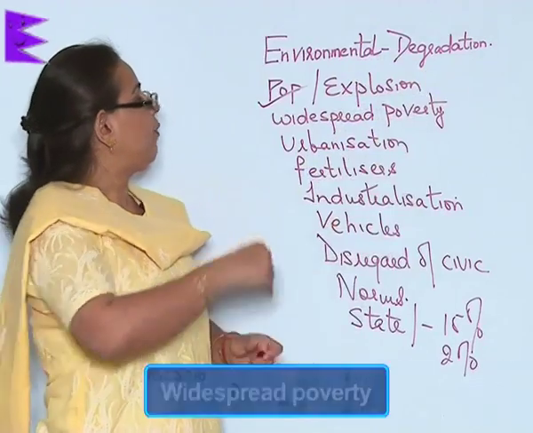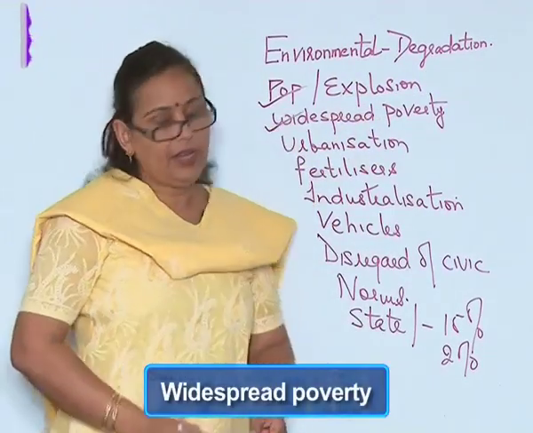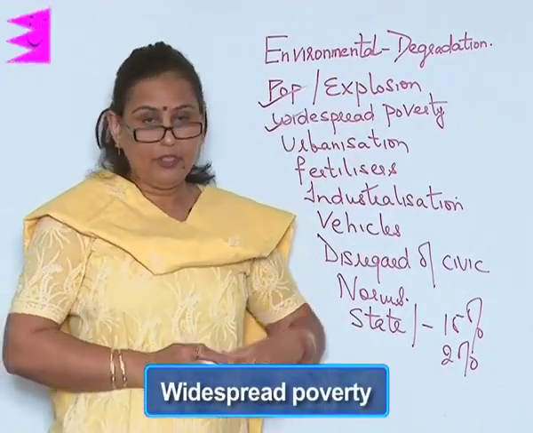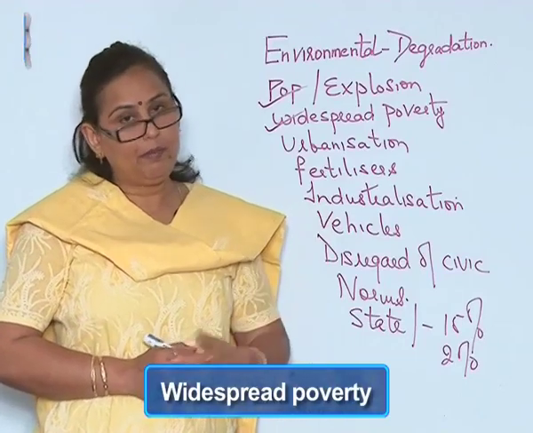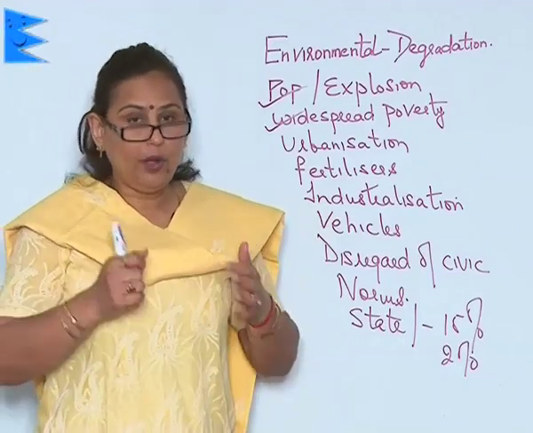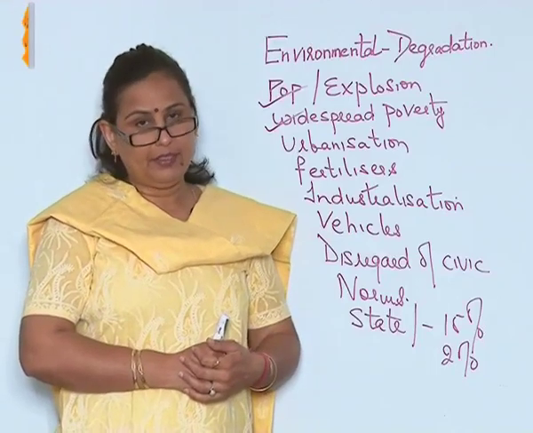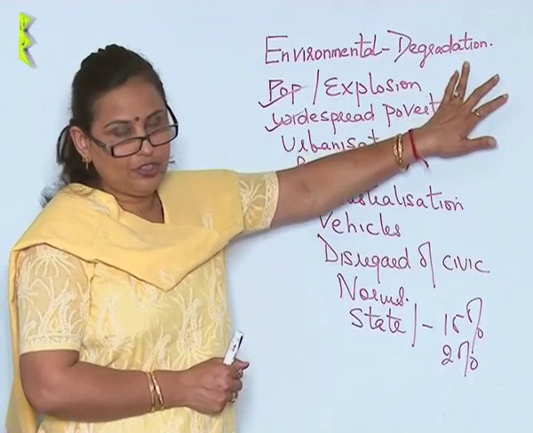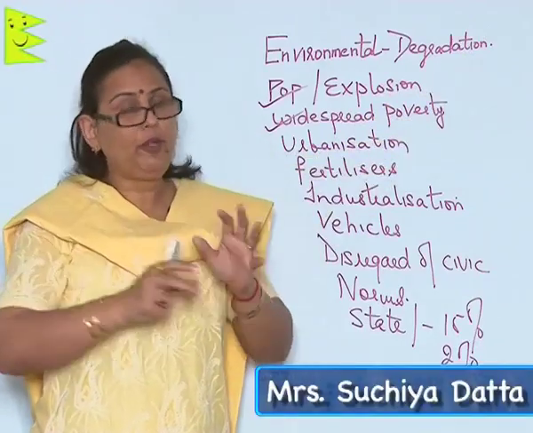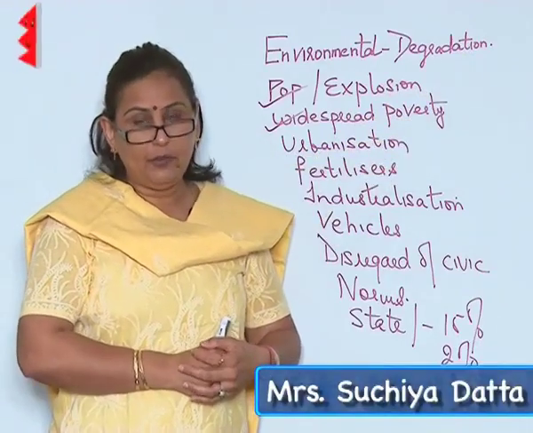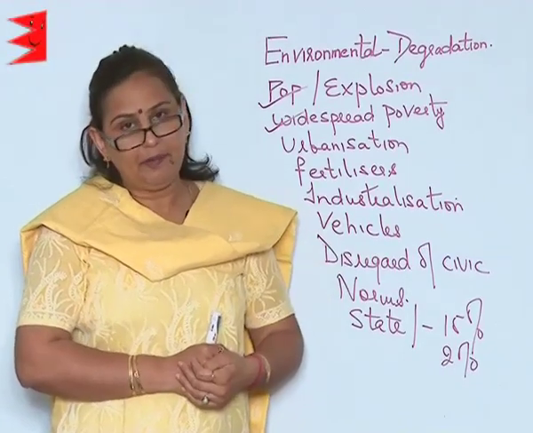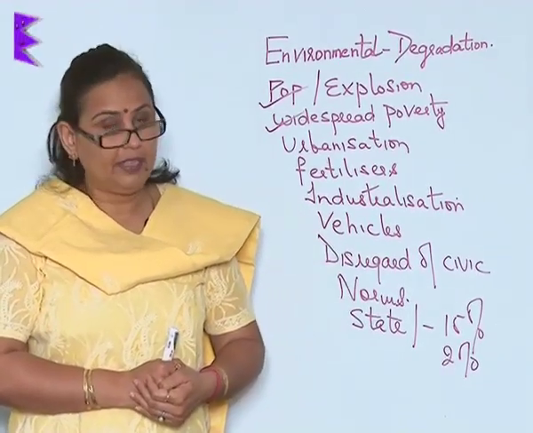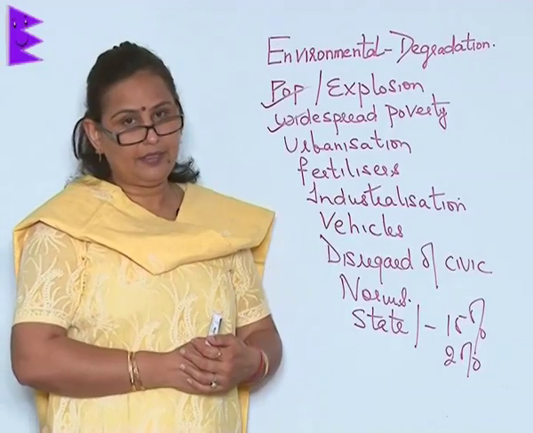The second is the widespread poverty. In a country like India, when so many people are living below the poverty line, when they do not have sufficient to eat, that is the time there will be environmental degradation. The people have to resort to measures which are not good for the environment in order to fulfill their basic needs.